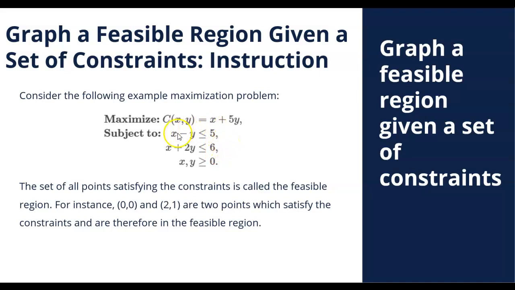Now for the first one, x is 2 and y is 1. So 2 minus 1 is 1. Is 1 less than or equal to 5? Yes, 1 is less than 5. So it is also satisfied in this inequality. So therefore, those two points are in the feasible region.